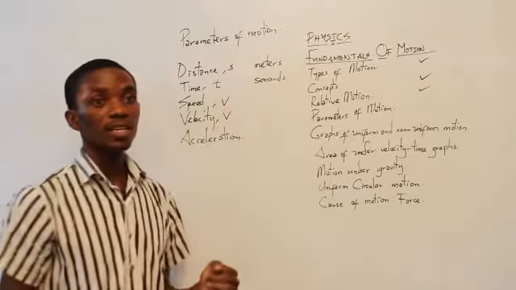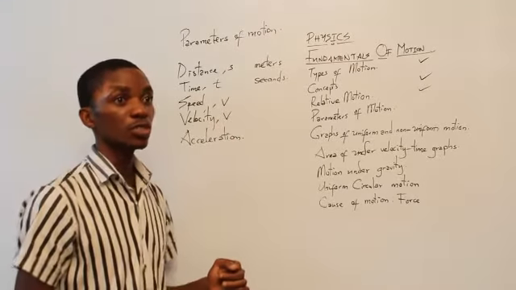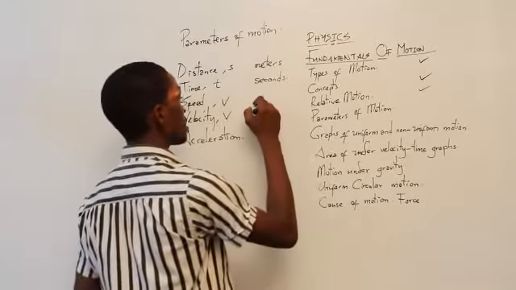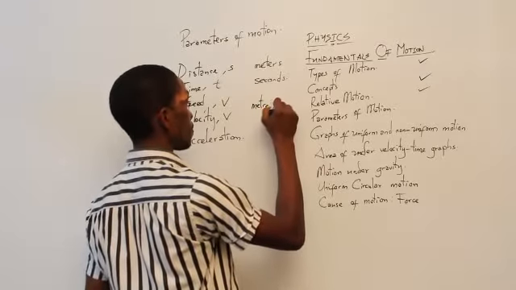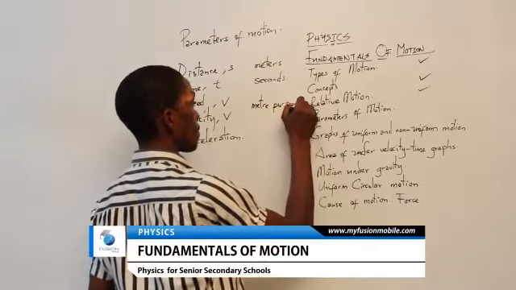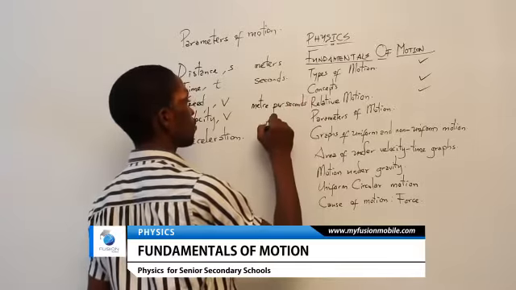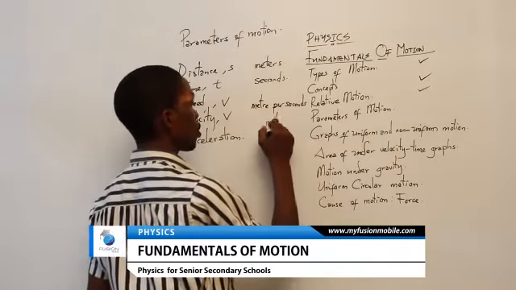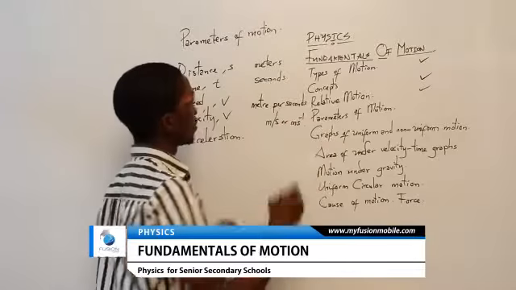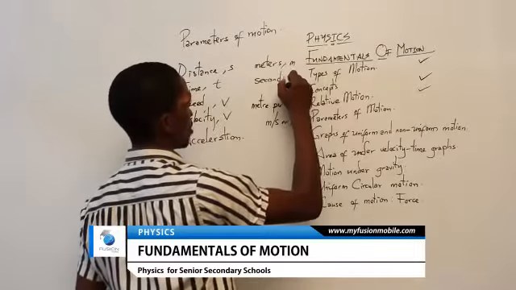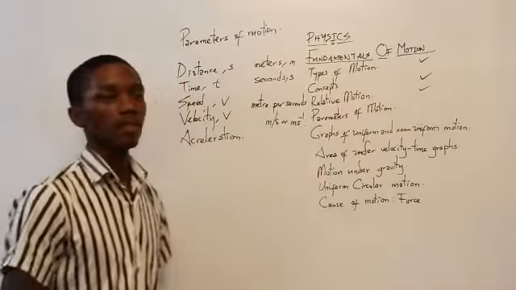And they both share the units, meters per second, which is often written as m/s, where meters is written as m and seconds is written as s.